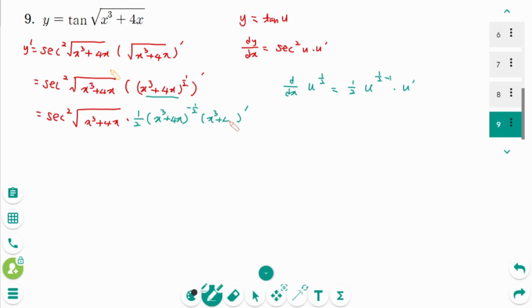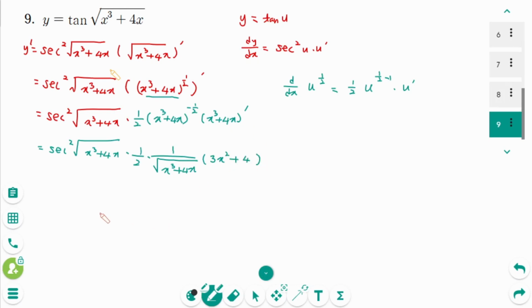The derivative of x cubed plus 4x equals secant squared square root of x cubed plus 4x times 1 over 2 times, back to the radical form, 1 over square root of x cubed plus 4x times x cubed plus 4x prime, which is 3x squared plus 4.